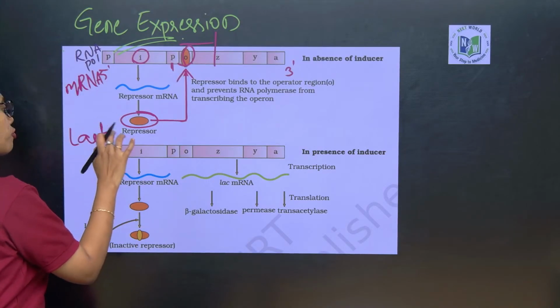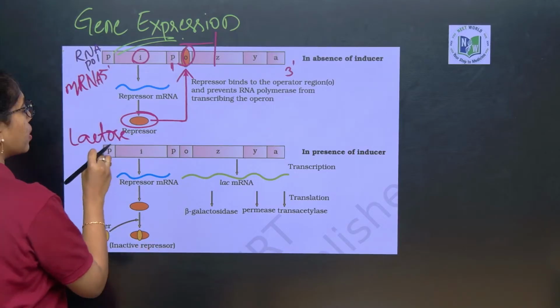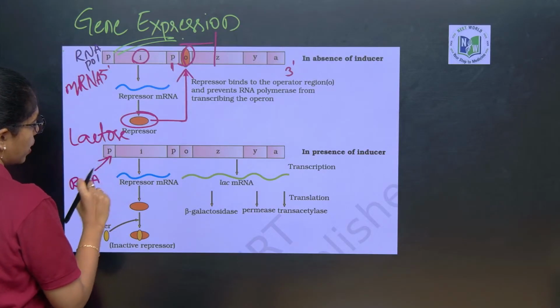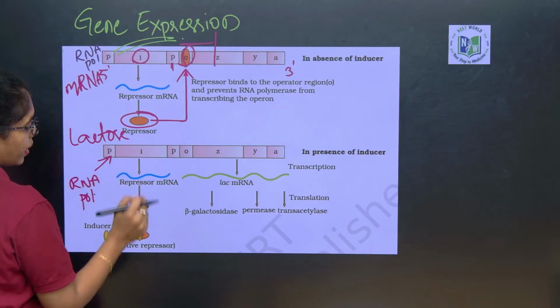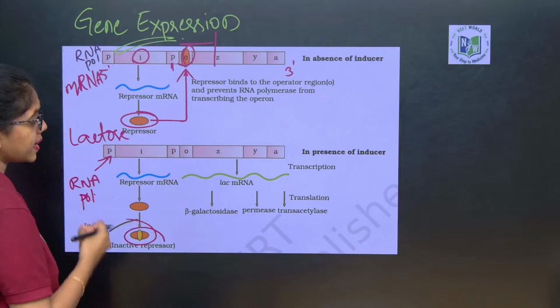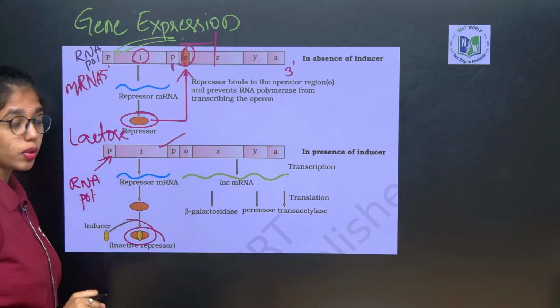If the culture of bacteria is given lactose, then RNA polymerase will bind to the promoter region, then the I gene will synthesize the repressor, and again to the promoter region, RNA polymerase will bind.